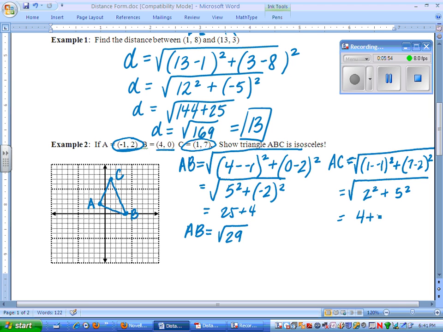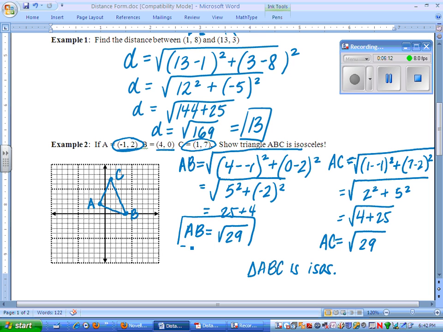Looks like I'm getting 4 plus 25, which is the square root of 29. Because the two sides are congruent, triangle ABC is isosceles. Now if I pick CB, I have to do it again in order to get two sides that have the same measure.